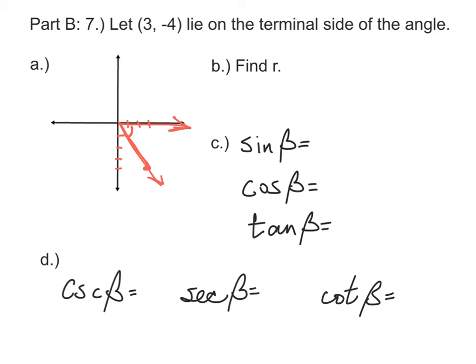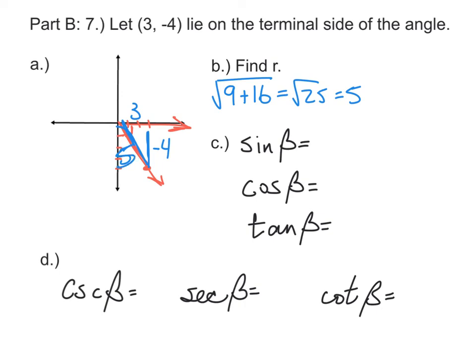To find r, we imagine the triangle whose base is 3 and the height is -4. Then the radius is going to be the hypotenuse of that triangle, which will be the square root of 3 squared plus -4 squared. That's 25, so that radius is going to be 5.